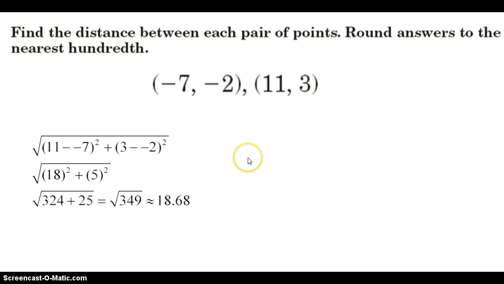That's a double negative again. So that's 3 plus 2. That's 5. We add them both together and we get the square root of 349. If you haven't found the square root button yet, hopefully you asked, or it's on the left-hand side of the yellow calculators. And hopefully you know how to put that in.